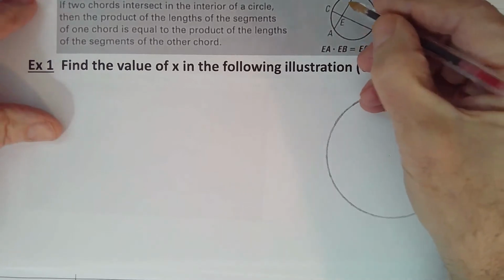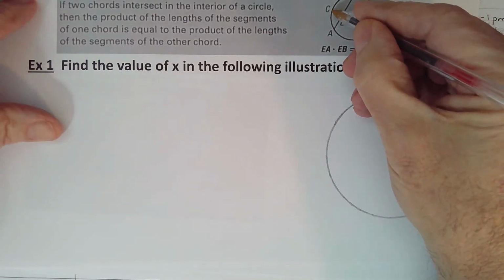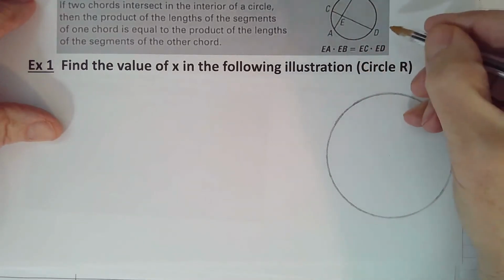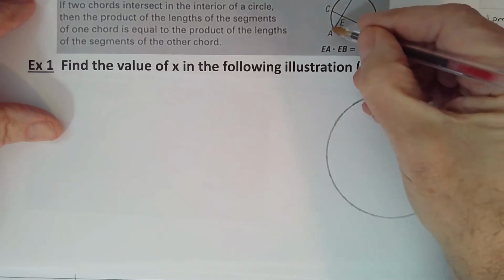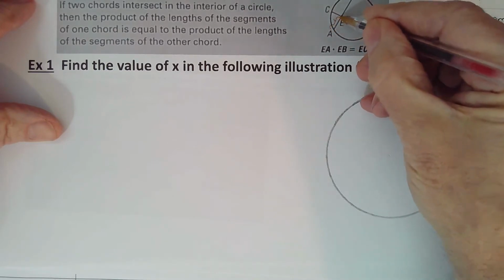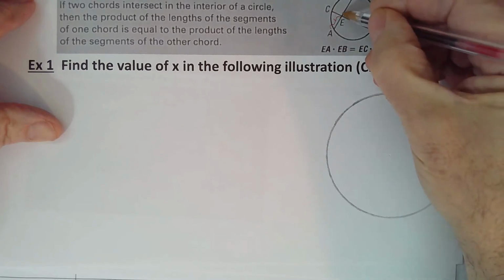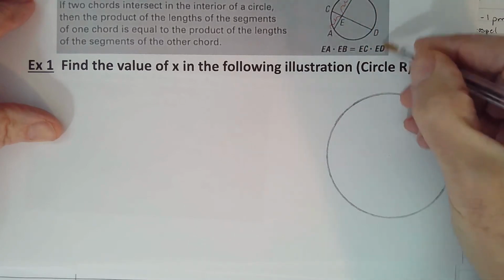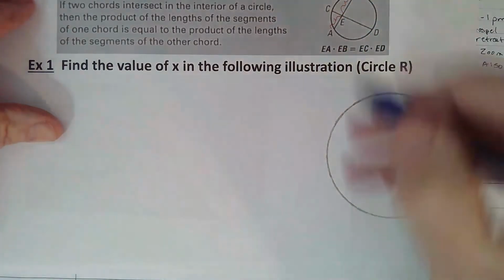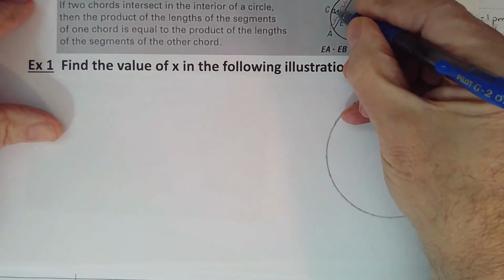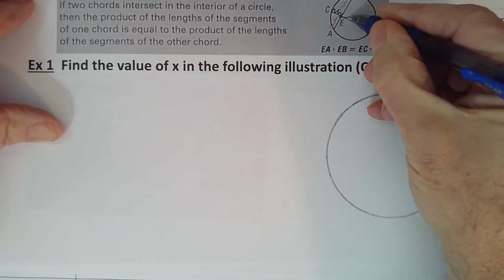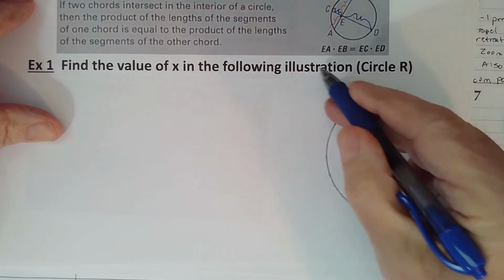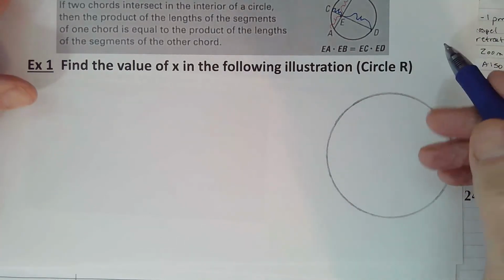So that would mean that from E to A, this part here, times E to B, this part here, is going to equal E to C, which is this part here, times E to D. Okay, so you can set up a little formula and you can solve for it.